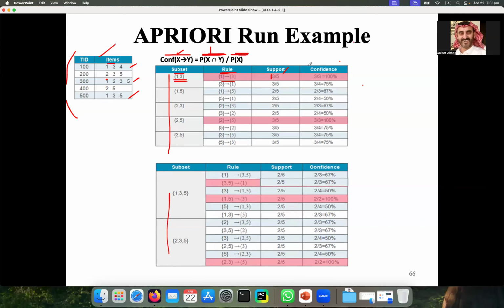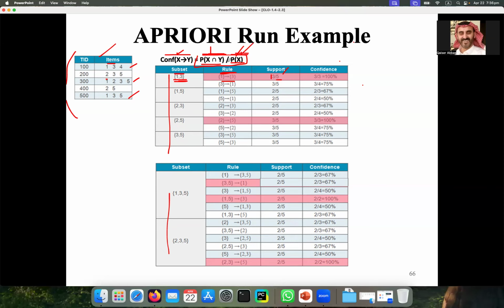And now confidence. Confidence of 1 implies 3 is divided by the probability of x. That is the equation, and it is different from the support. In support, the division is with the total number of transactions, but in confidence, the division is with the count of x.